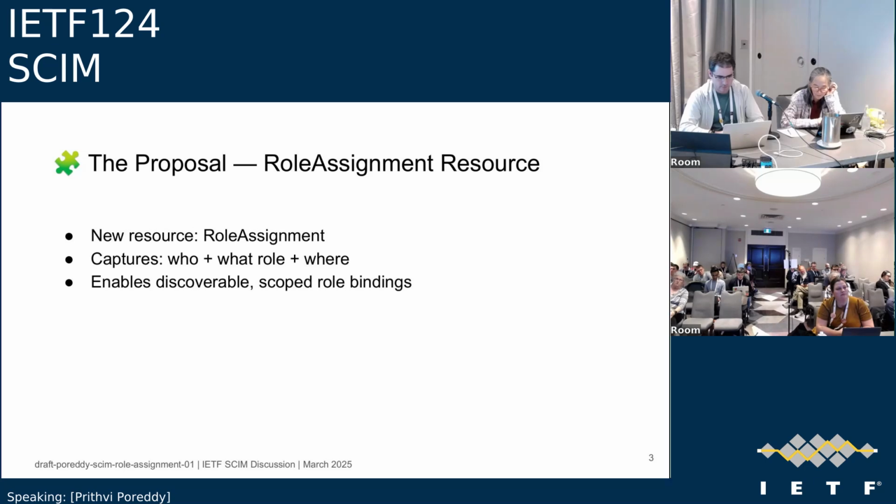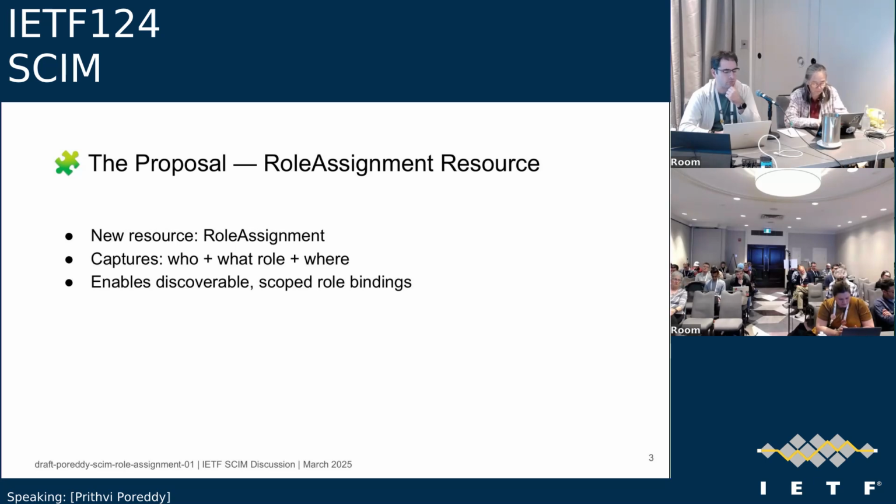Each role assignment is a standard SCIM resource that can be created, updated, queried, or deleted independently. This makes role management scalable, also auditable. For example, an IAM platform can query get role assignments, put a filter on scope value equals project 123, and instantly see everybody who has access to that project and their roles.